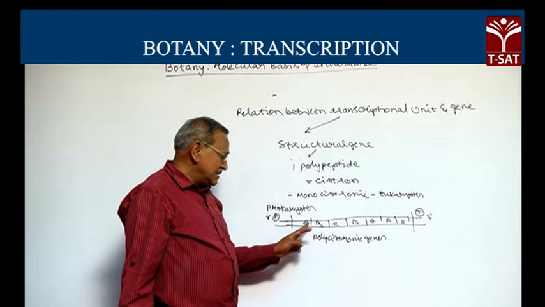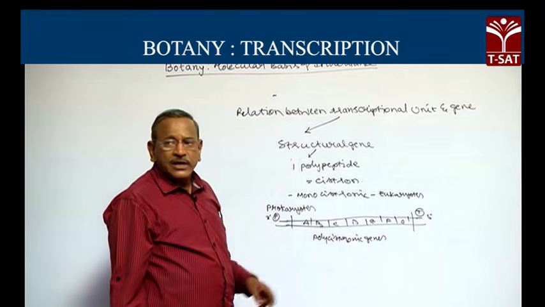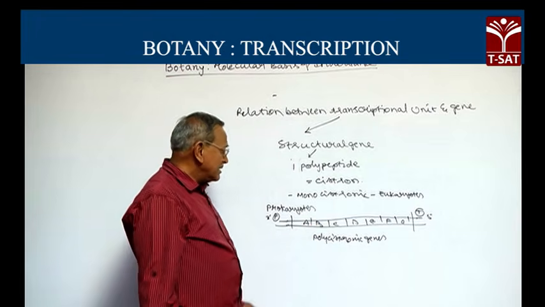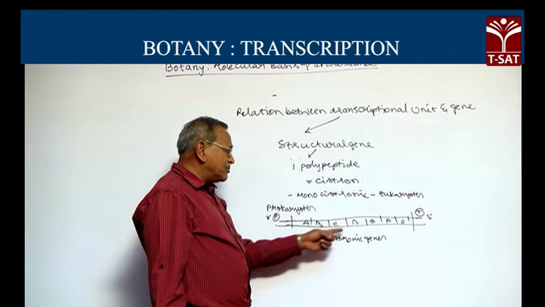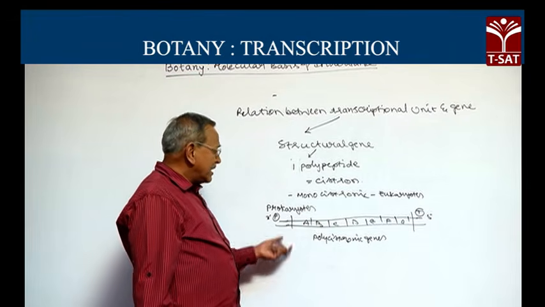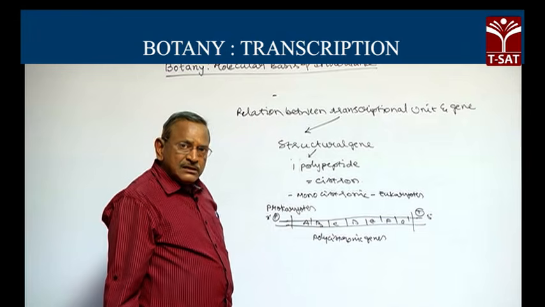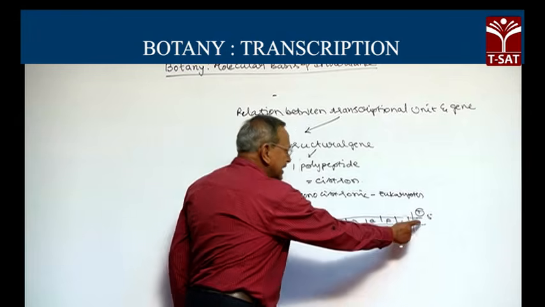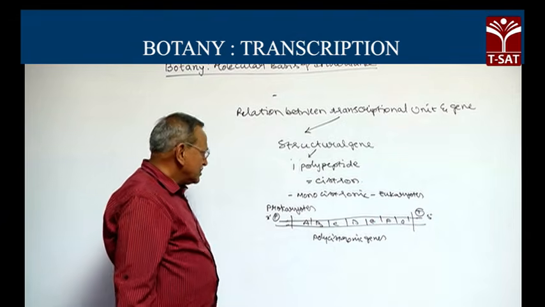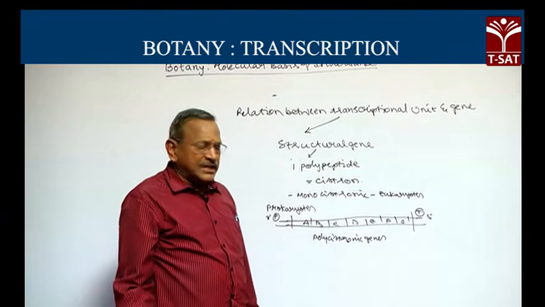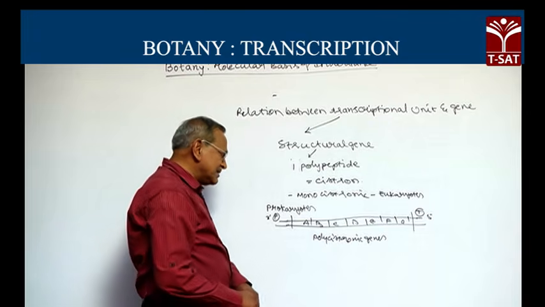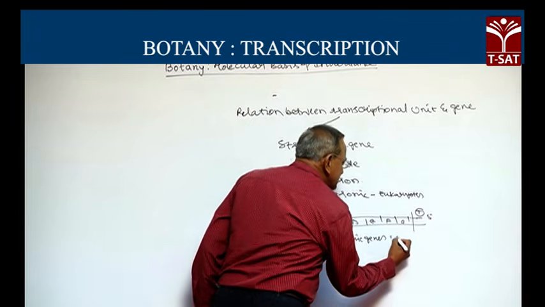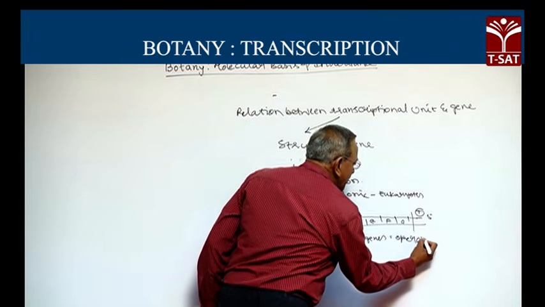Many genes have common promoter and common terminator. The gene products of all these are required by the cell at the same time. So they have common switch on and common switch off. So prokaryotic genes are commonly polycistronic genes, and these polycistronic genes are normally called operons.